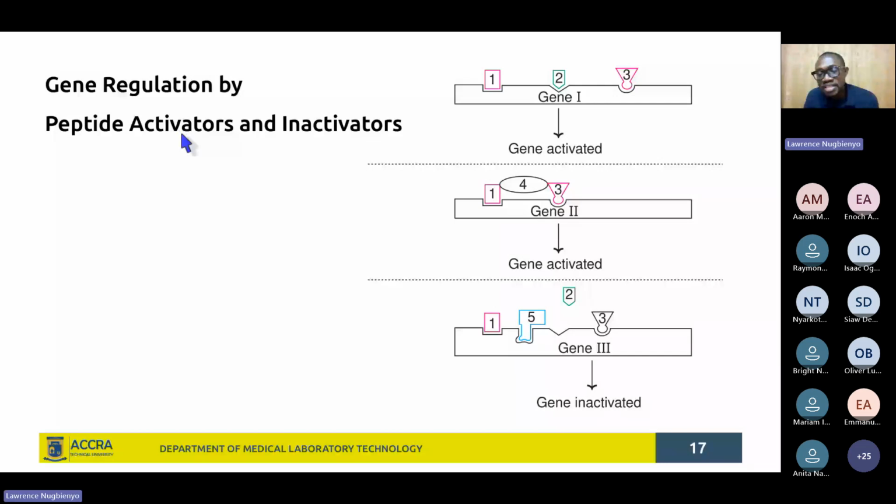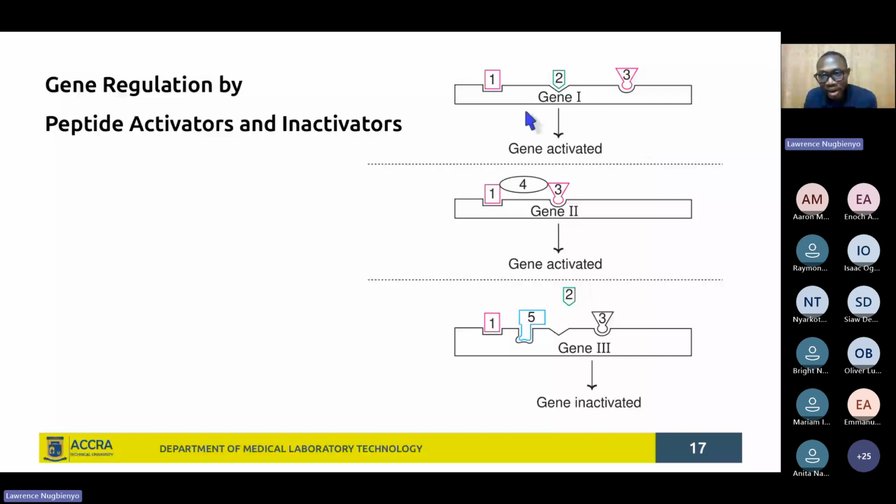Now, these can occur in different forms. So, for instance, if you have the numbers 1, 2, 3 from the top, these are some specific proteins that are interacting with gene 1. That's the first gene.